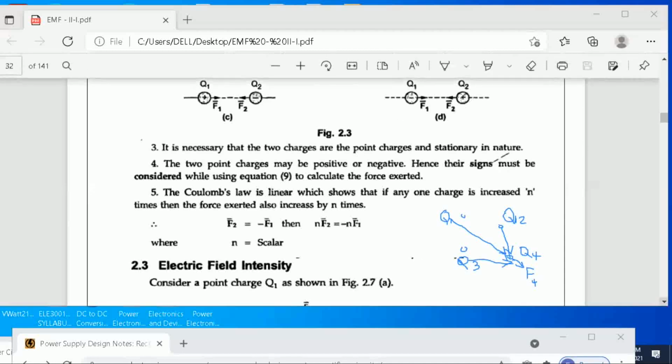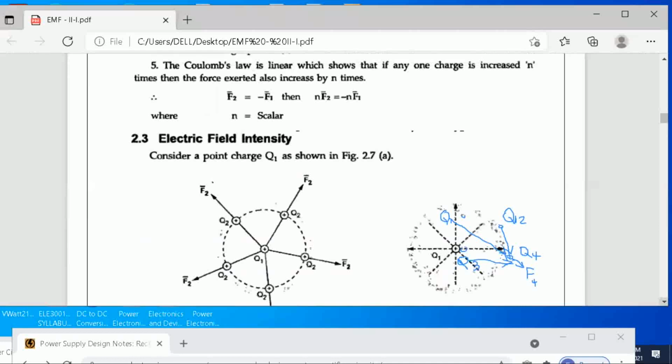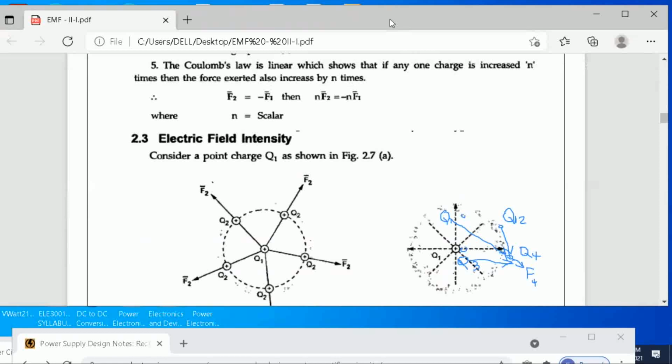Now, what is the electric field intensity? Sir, it has something to do with the amount of charges in a field.